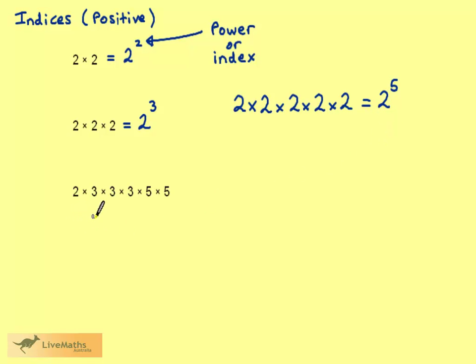If we consider this chain here, we have a 2, which we could write as 2 to the 1, but we tend not to write the 1. We then have 3 3's in a row, so these can be written as 3 to the power 3, and then 2 5's can be written as 5 to the power 2.